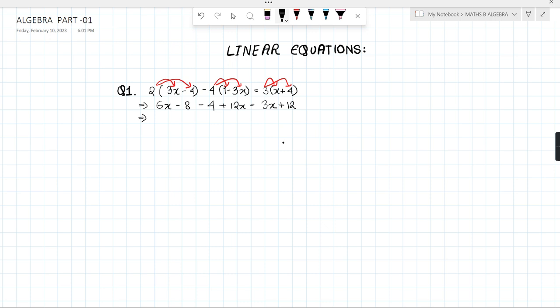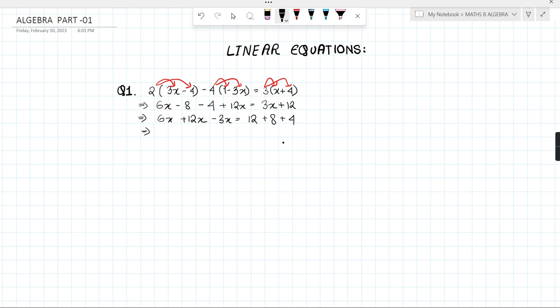Right. So if you add all the x's together, you have 6x minus 12x. And if you shift this 3x from the right hand side to the left hand side, it will be minus 3x, and on the right hand side there will be 12. And minus 8 and 4 are shifted to the right, so they become positive 8 and negative 4.